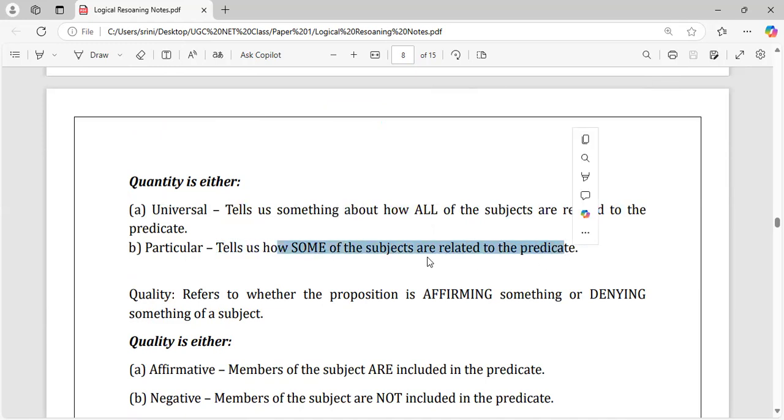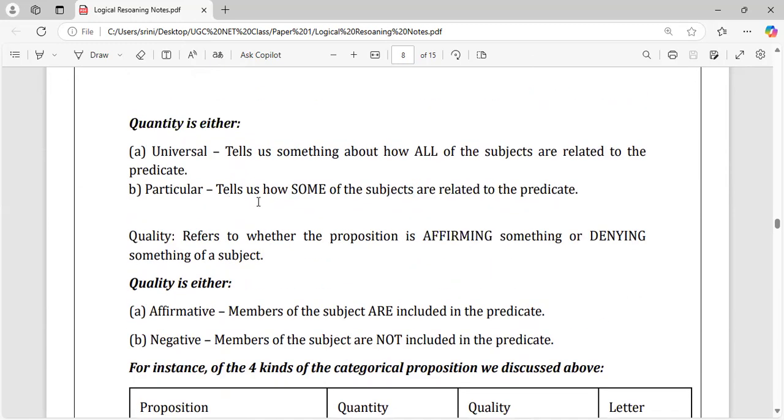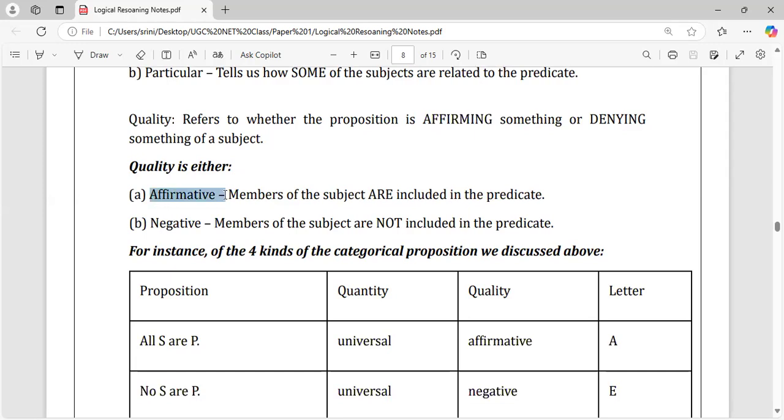Particular tells us how some of the subjects are related to the predicate. Quality refers to whether the proposition is affirming or denying something. Quality is either affirmative, where members of the subject are included, or negative, where members of the subject are not included.